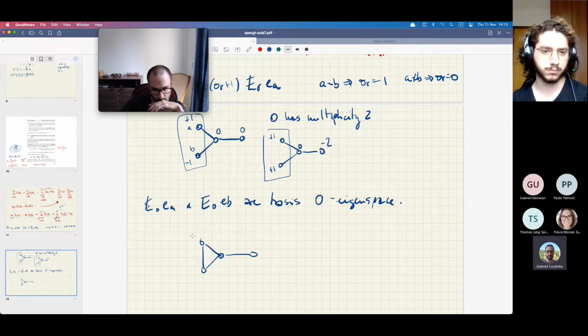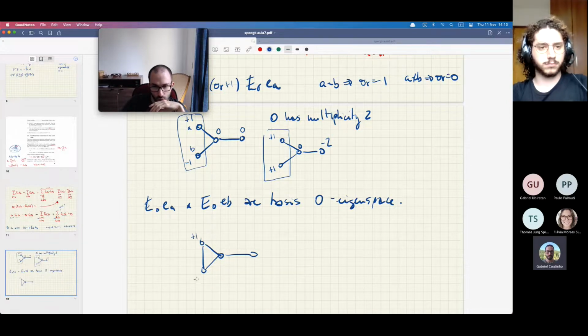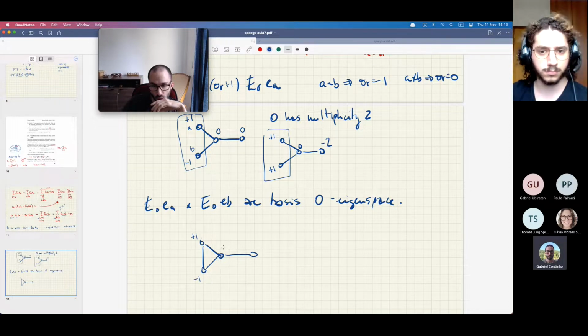I have plus 1, minus 1. I want minus 1 to be an eigenvector, right? Yeah, so 0 again, and 0.